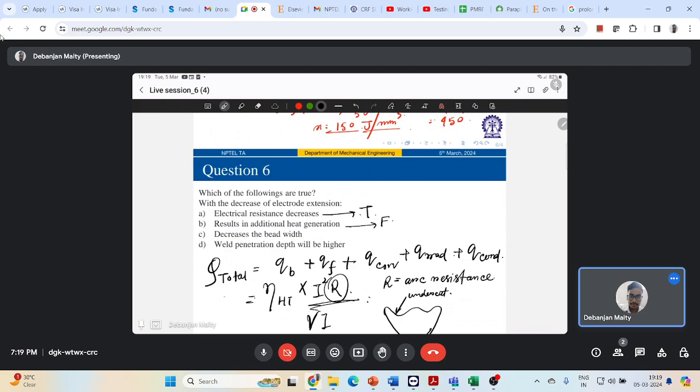And with decrease of electrode extension, it decreases the bead width. This is also a false statement.